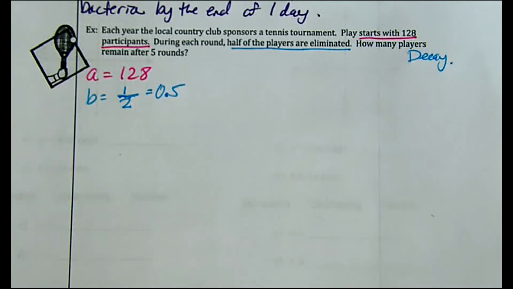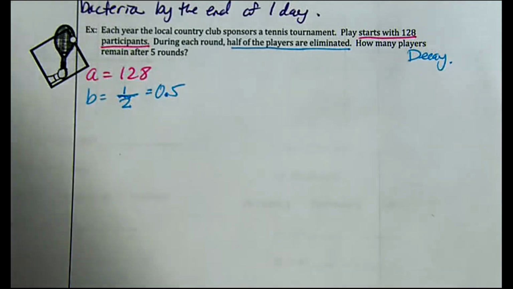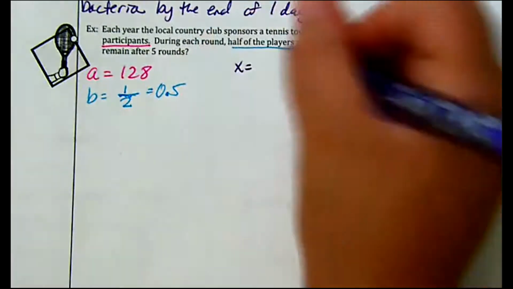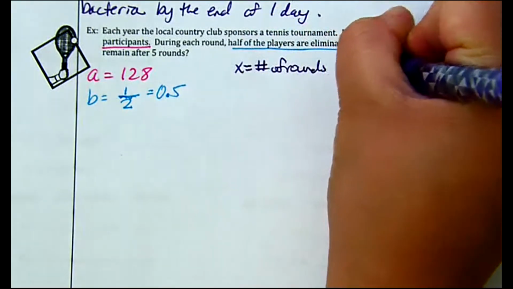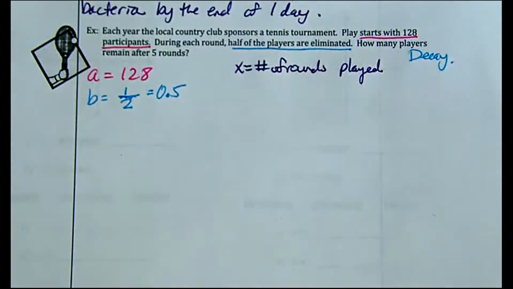Okay. Now, after 1 round, we can calculate each round. X in this situation represents the number of rounds played, because we want to know how many players remain after 5 rounds. So if we're talking about 1 round, then we would do 128 times 1/2 to the 1 power.